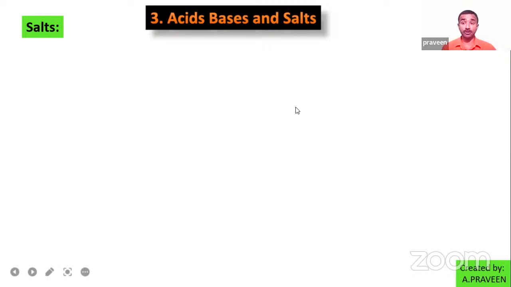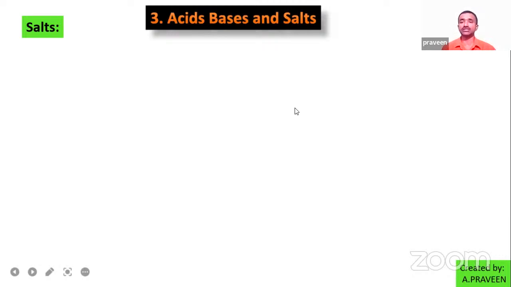It is not compulsory that the salt always has a neutral nature. It may be acidic, basic, or neutral, depending on the strength of the acid and base reactants.